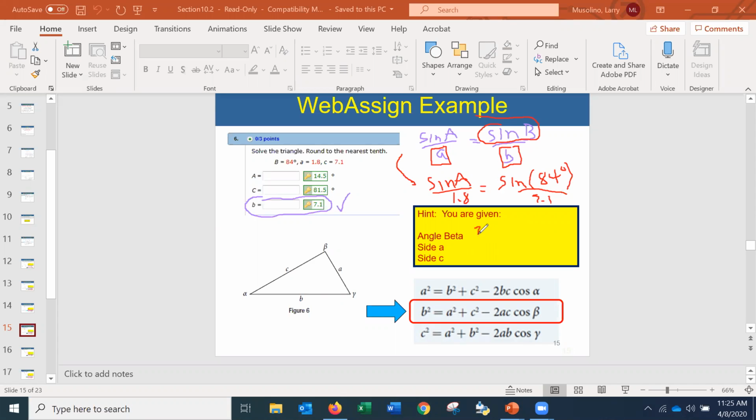So I end up with 7.1 sine A equals 1.8 sine 84 degrees. Of course, I want to get sine A by itself. So I'm going to divide both sides by 7.1.